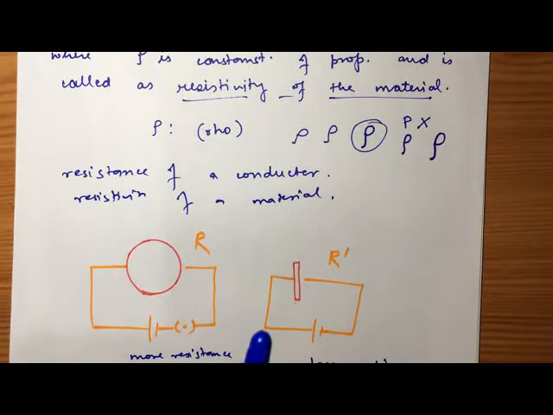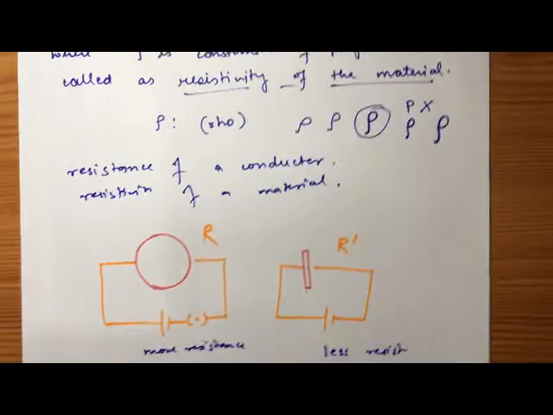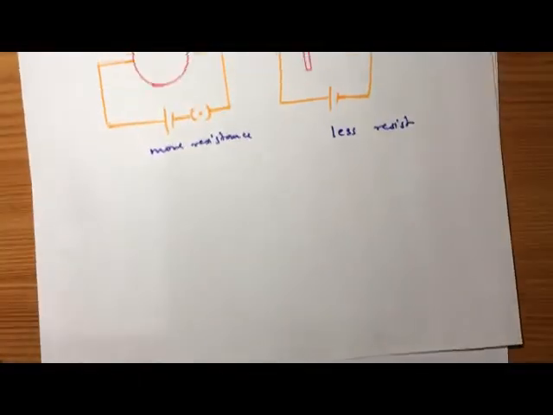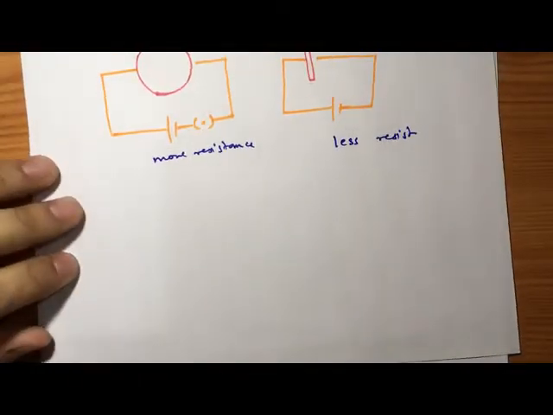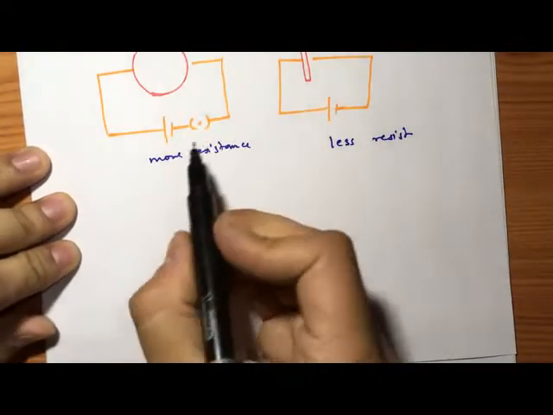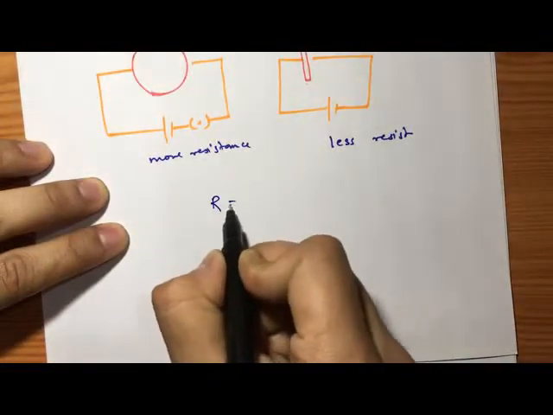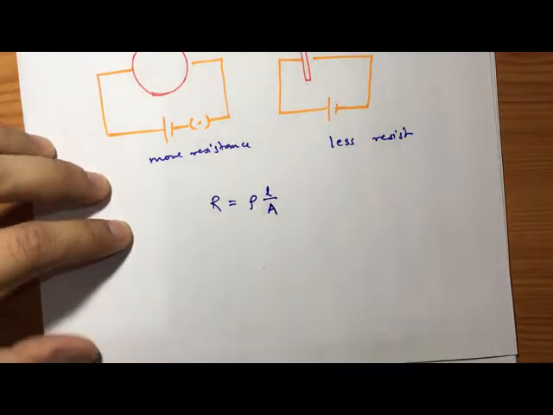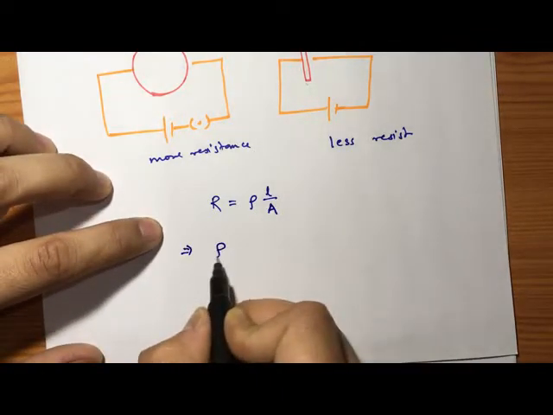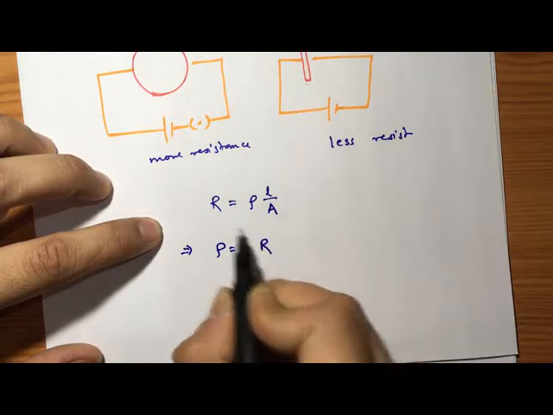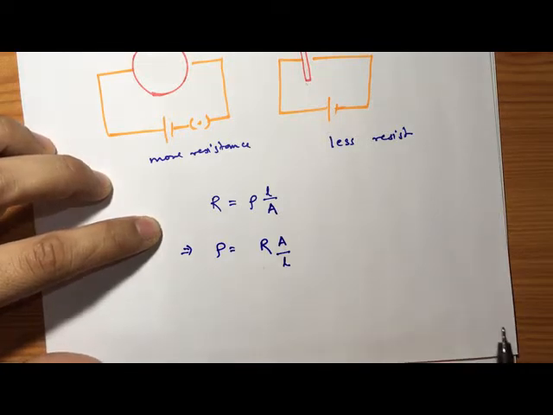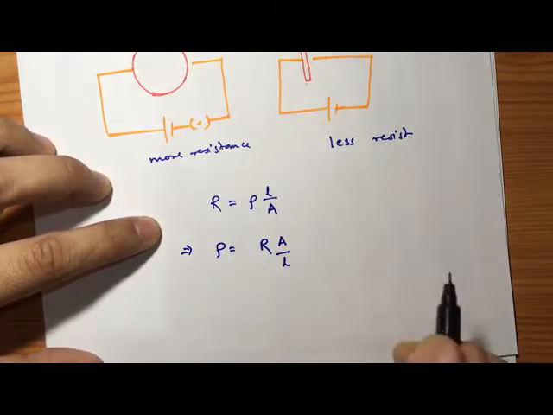For further operations, I am considering the above relation, that R is equal to rho times L divided by A. Now my rho will be equal to R times A going upward, A by L. Now think about the units.